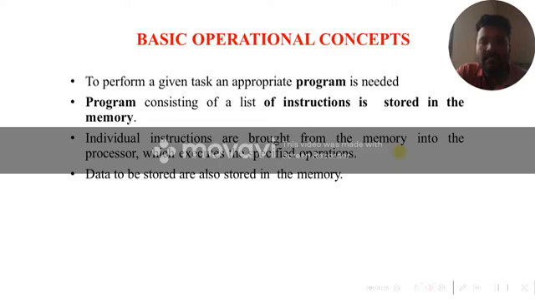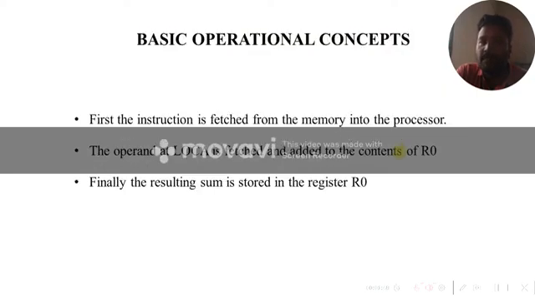So the data must be stored, and the stored data should be retrieved from that particular memory location. So this is the basics about the operational concepts. For performing these operational concepts, we have to segregate the instructions into separate ones. First, the instruction is fetched from the memory and then into the processor. The operand at a particular location, for example, I have specified here by mnemonic notation as LOCA, is fetched and added into the content of R0.